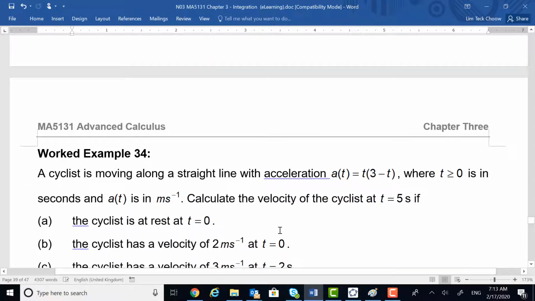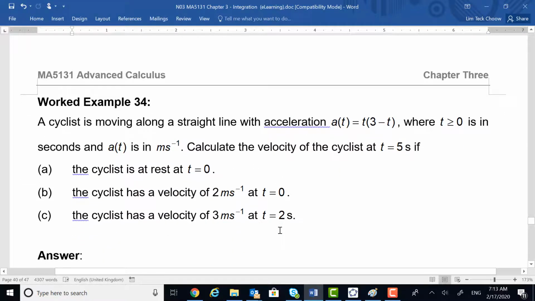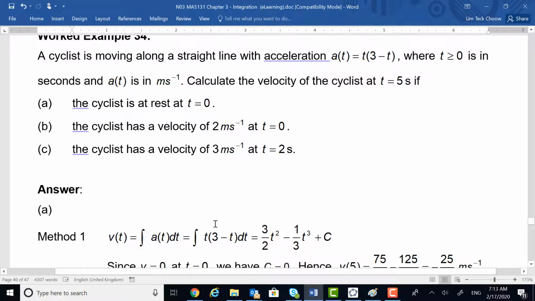Let's look at some examples. In example 34, you are given an acceleration of this amount, and then you want to find the velocity at t equals 5. Okay, you're given a different scenario. So one way of finding velocity at the particular point is you can do it the good old way.